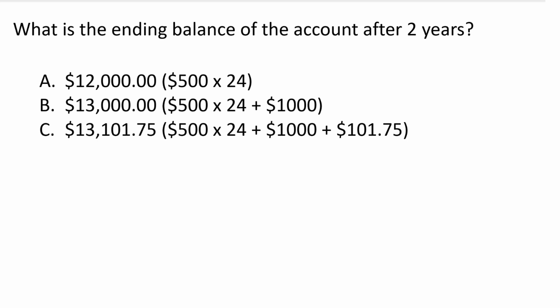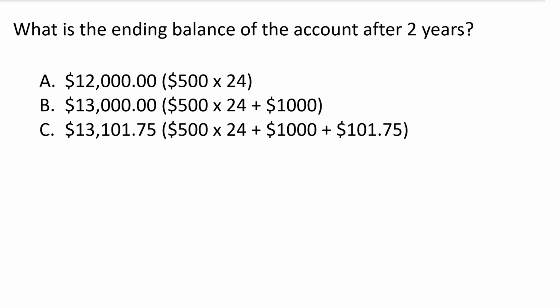The reason for these questions is because they're very similar to things you're going to have to be doing in the project. The ending balance, which is something you have to find in the project a lot, is not just your contributions. When you deposit money in the bank, the ending balance is all of your contributions plus any interest that you earned. So the answer here is C, $13,101.75, which is the 24 payments of $500, the initial investment of $1,000, and the interest, $101.75.